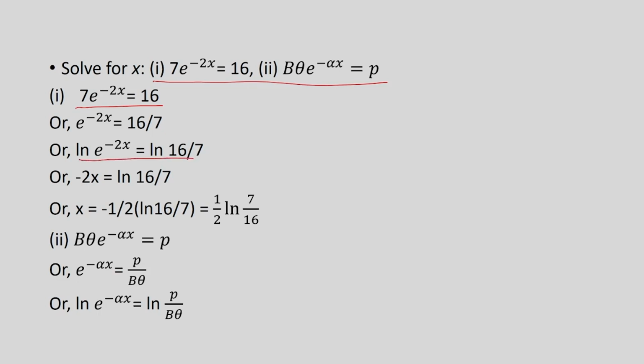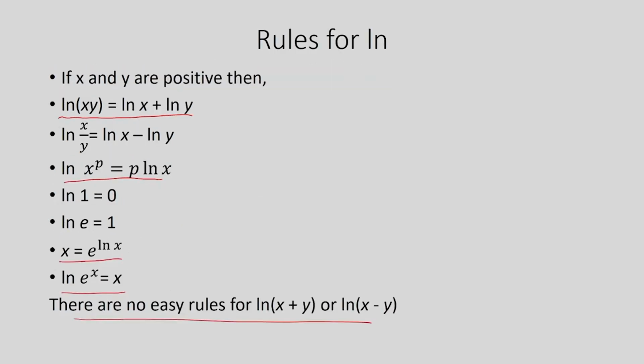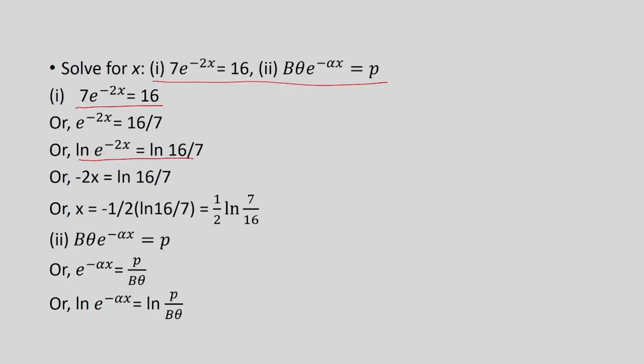Okay. Now, if I take log of e to the power minus 2x, then it simply becomes minus 2x. Okay. So, how do I know that? Here, this is the rule that I am using: log of e to the power x is equal to x. So, log of e to the power minus 2x is equal to minus 2x, and on the right hand side the expression remains the same.